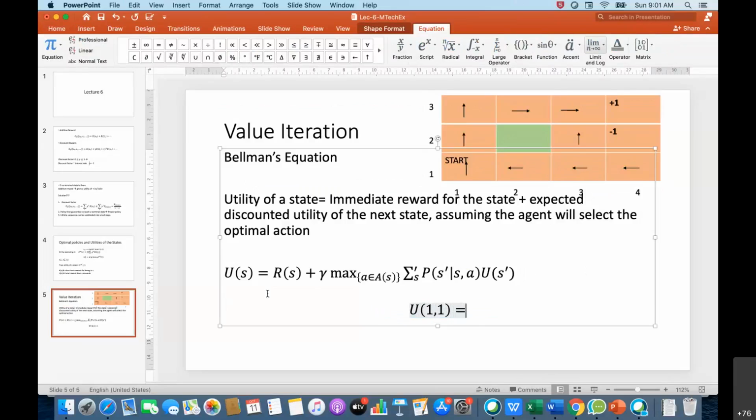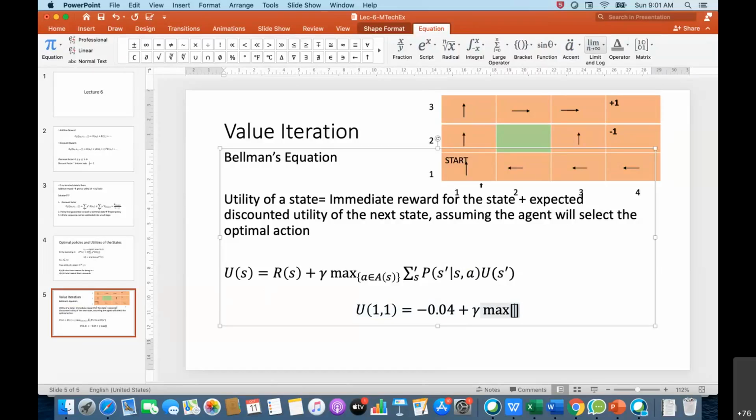How should we compute? We know the reward function here is minus 0.04. That should be summed up with the discount factor gamma, and gamma should be multiplied with the max of, now that is the interesting thing.